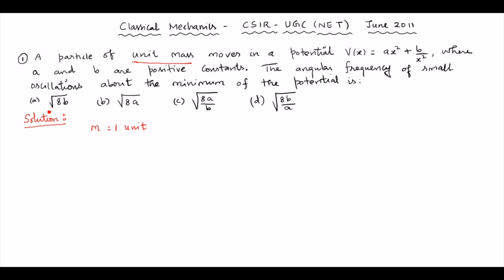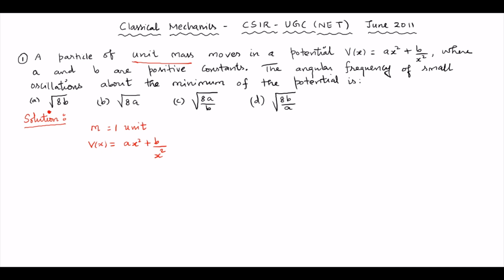Now the second thing given is the one-dimensional potential energy, ax square plus b by x square, where a and b are positive constants.